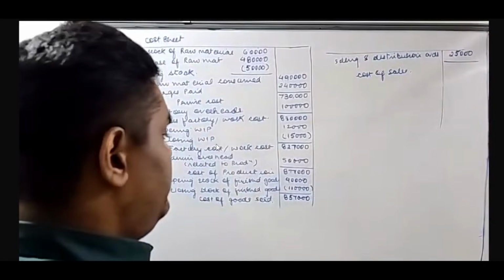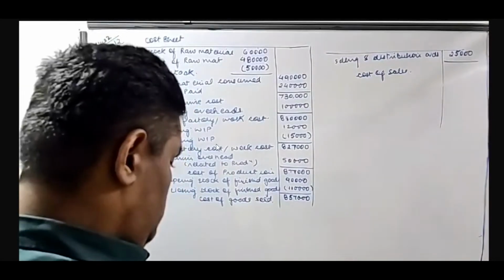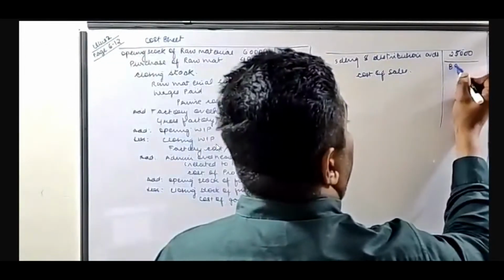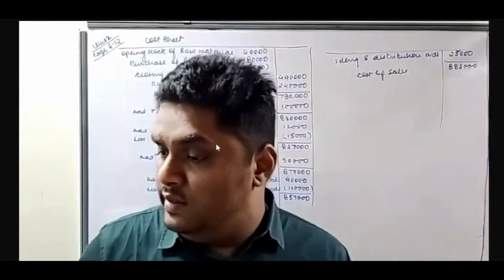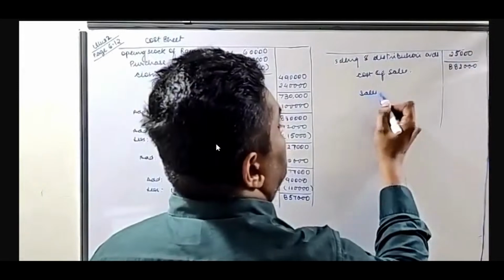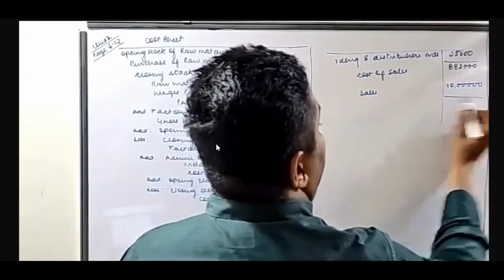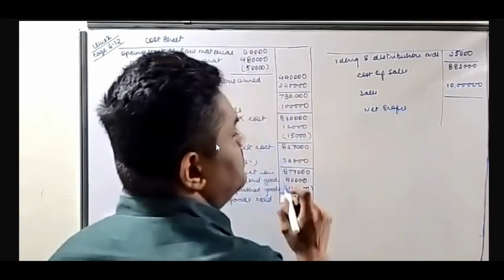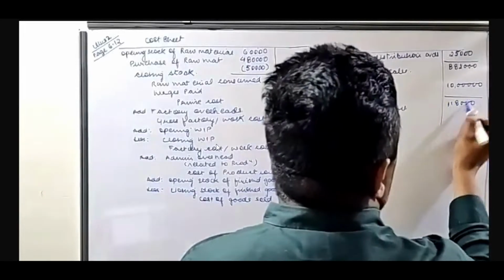So 857 plus 25, this will be 8,82,000. In this, the sales is given, that is 10 lakh. We'll get the final figure, that is my net profit. So this will be 1,18,000.